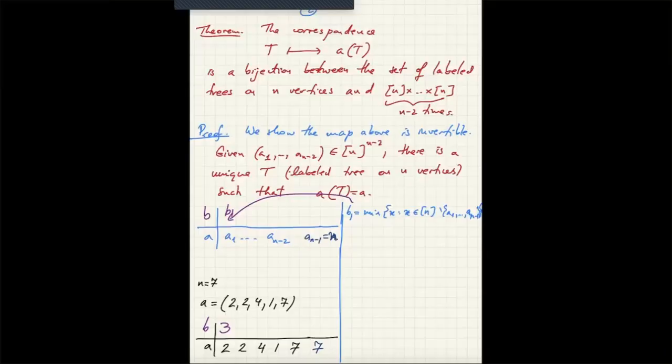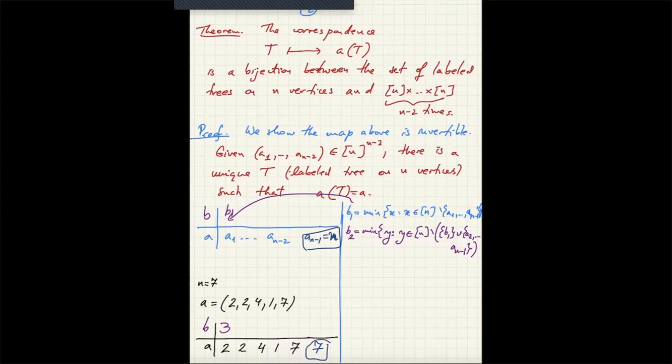So in the second step, b2 is going to be the minimum of, let's say, y, such that y is from the set [n]. But what we cannot pick? We cannot pick b1 because b1 is gone already, and we cannot pick a2, and so on, all the way to a_{n-1}. By the way, I added a_{n-1} here at the end as n.